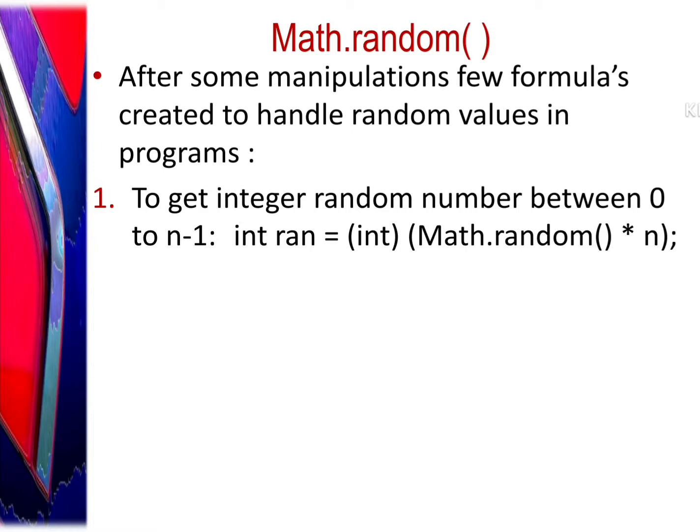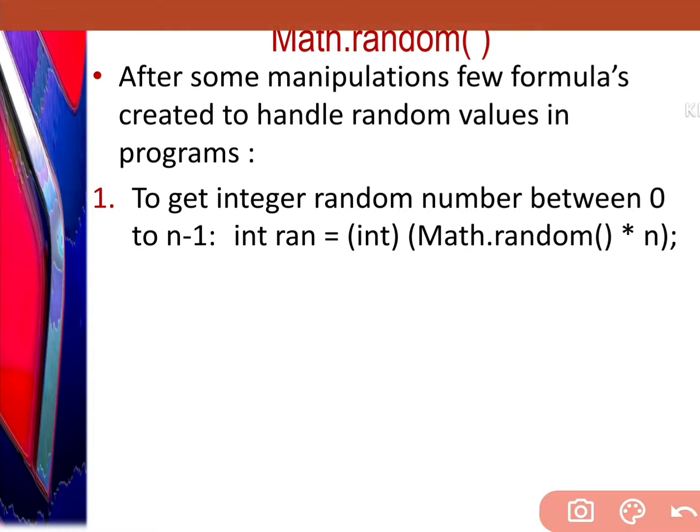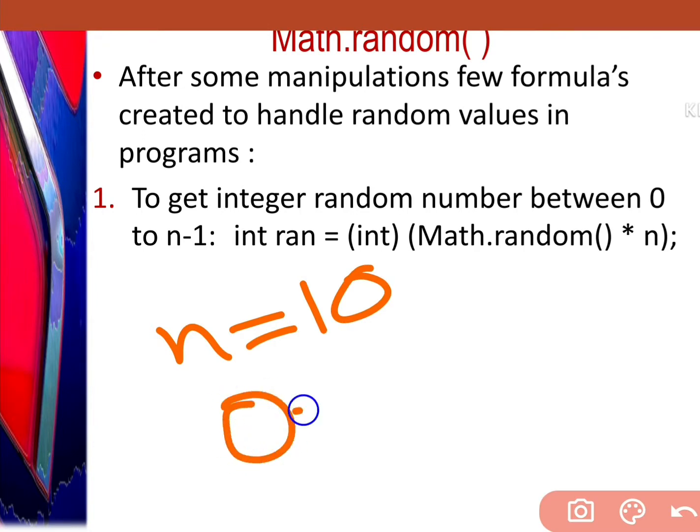If we want numbers from 0 to n minus 1, means if the value of n is 10 and I want a number from 0 to 9, what do I have to do? That's why we have a formula.